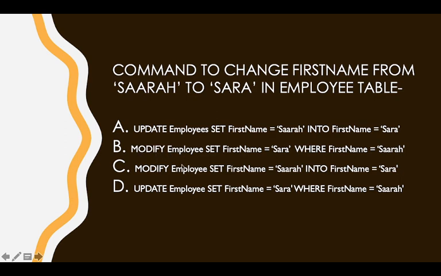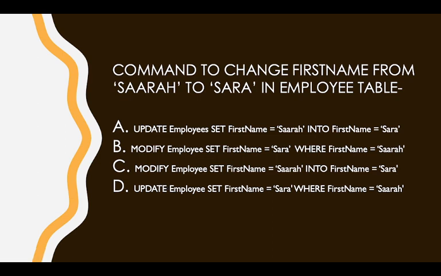Why would we use the modify command? We already have our employee table and we just need to change the value from Sara to Sarah. So option B and C, you're automatically going to reject them. You're not even going to look at them because you don't need the modify command here. You need the update clause here.